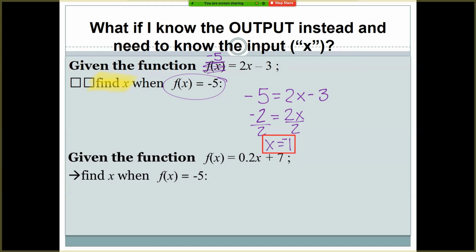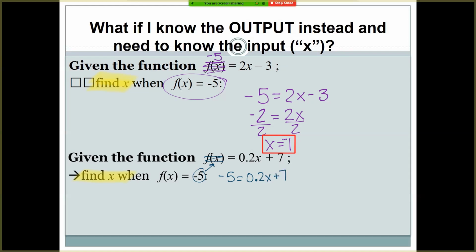The one down at the bottom says, given this function f of x equals 0.2x plus 7, find x. That tells me, hey, I'm given the output, f of x equals -5 again. So I'm taking f of x, and I'm putting it there. So -5 equals 0.2x plus 7.